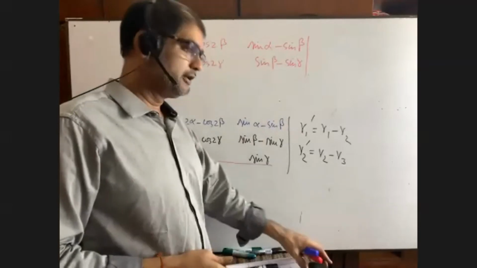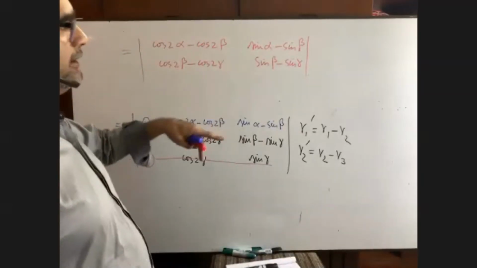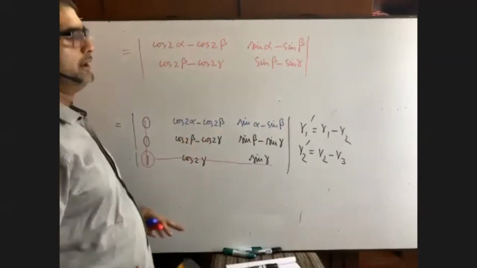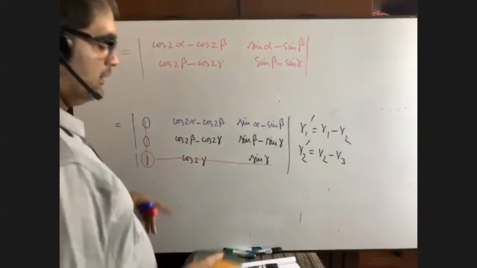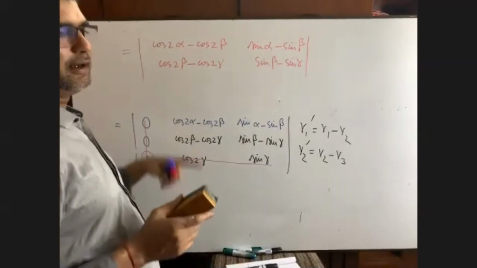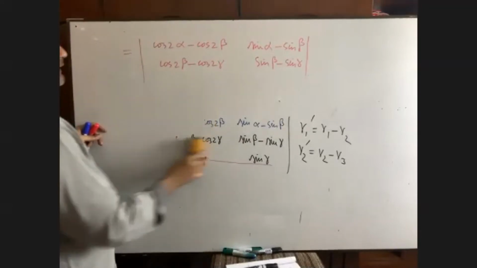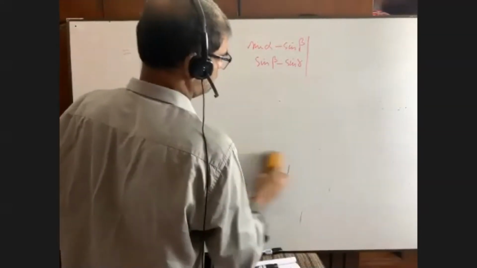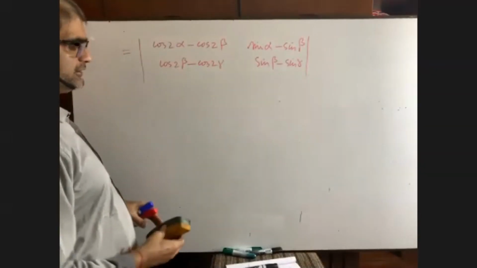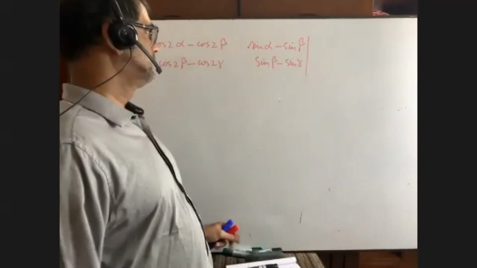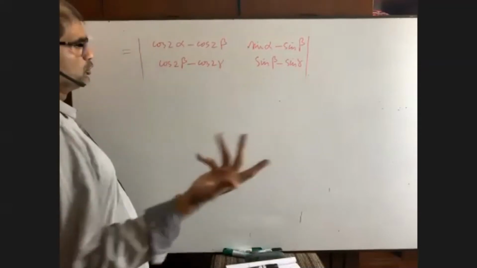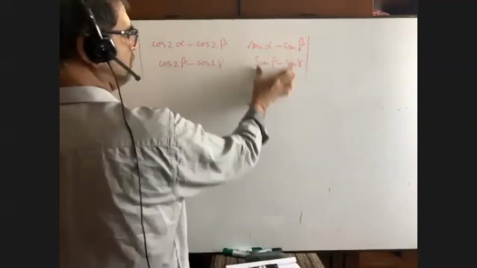Now we see the answer. In the answer, we don't have any 2 alpha, 2 beta, 2 gamma; all are single angles, that is alpha, beta, and gamma. So what should we do? In the answer we don't have 2 alpha or 2 beta, but we have this format.